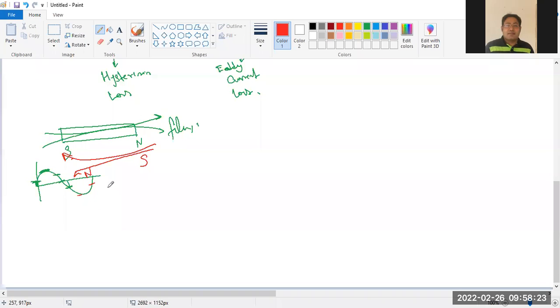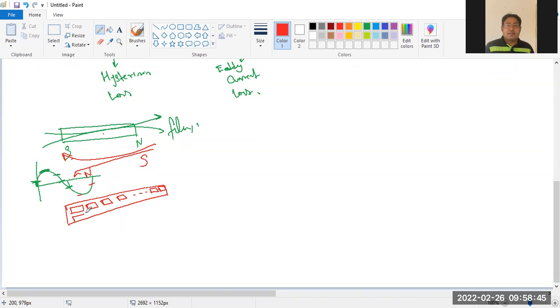So what happens? If you consider a bar magnet, how does it become a magnet? Because each element becomes a magnet.